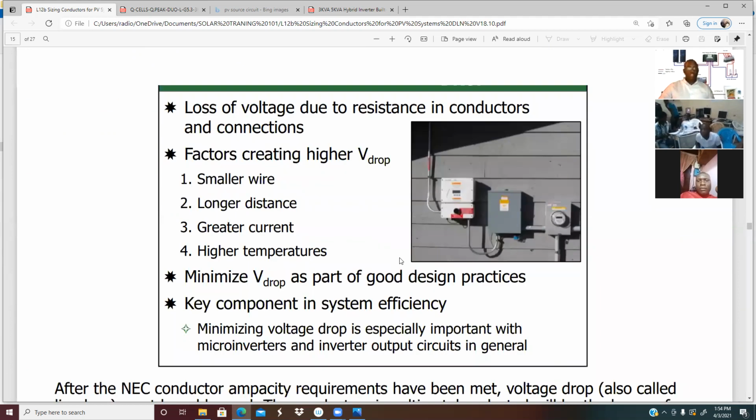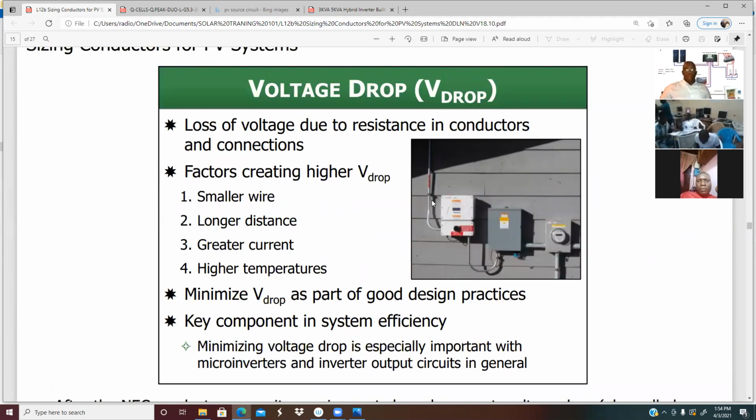We're talking about the voltage drop, or V drop, and its causes: the size of the wire, the distance, how long the distance is, the greater the current, and the higher the temperature. Have you experienced voltage drop in your installation?